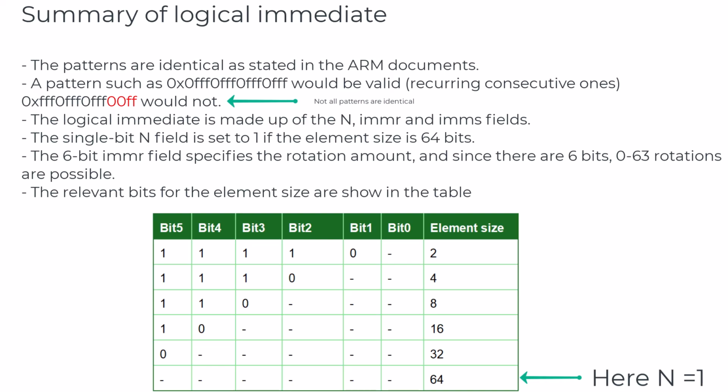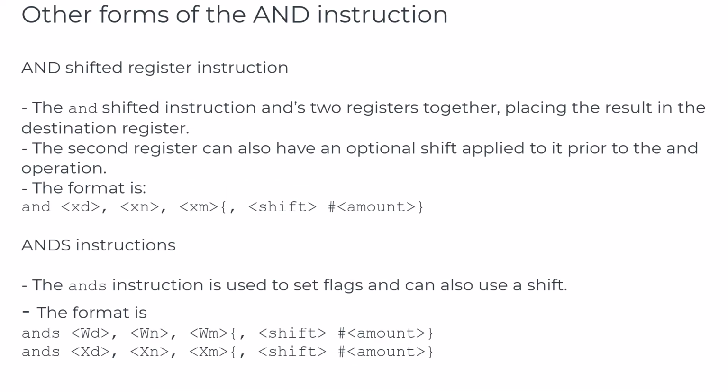The only time the single bit N field is set to 1 is if you use an element size of 64 bits. The 6-bit IMMR field specifies the rotation amount. Now there are 6 bits available, so you can have 2 to the power of 6, or 0 to 63 rotations.